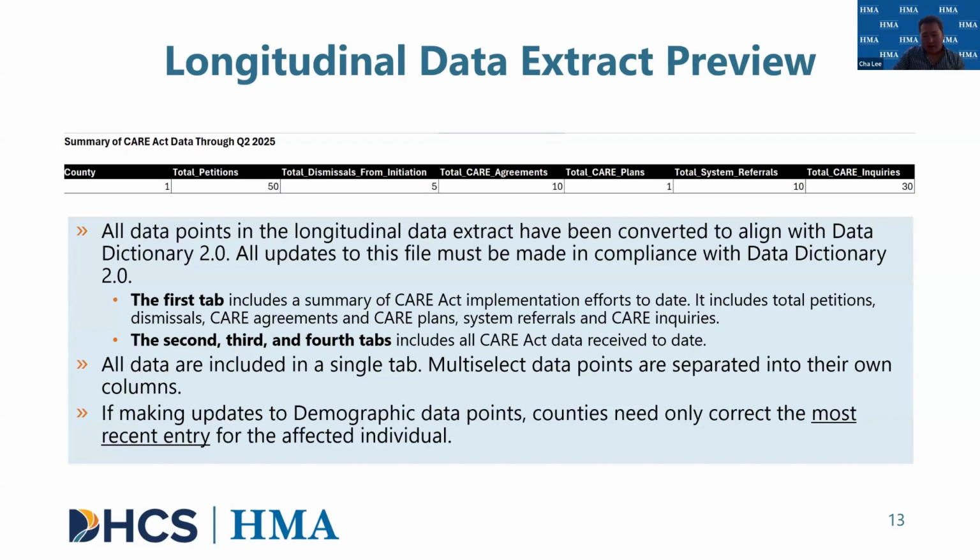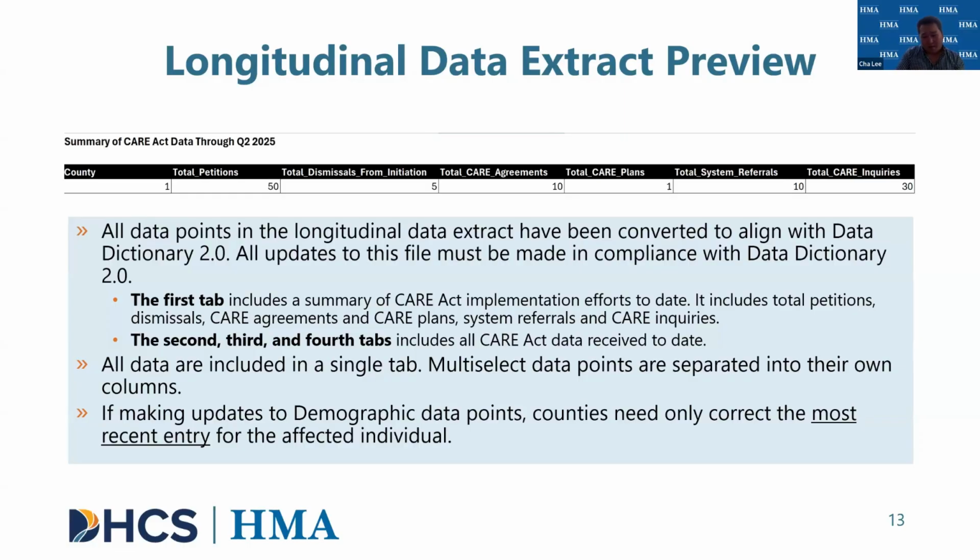This data extract file represents all the key data that has been submitted to HMA up to date. And as mentioned earlier, if you choose to use the longitudinal data extract, you can make corrections directly within this file. And as Jessica mentioned earlier, you also have the second option, where the county can make corrections within their internal system and resubmit the impacted monthly file in a compliant format, whether template A or template B has been used.